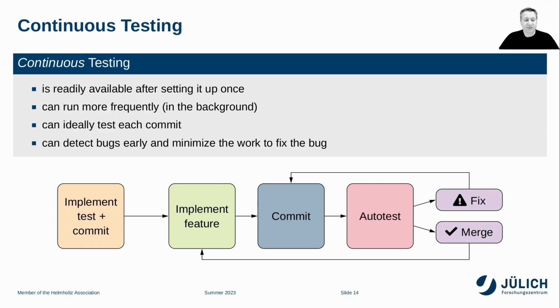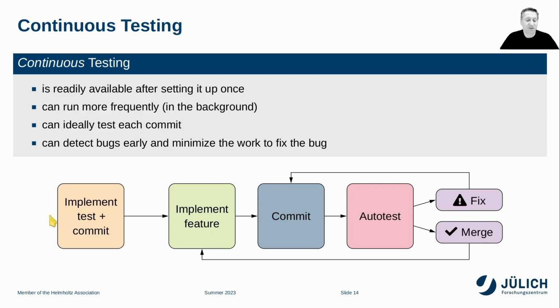The advantage is that while you develop your code, the tests run in the background, and if there's a bug, you can detect it early and also minimize the work you have to do in order to fix it, because the function you wrote is fresh in your mind and it's easier to dissect what's going on. On the bottom, you see a graph of how you could do that.